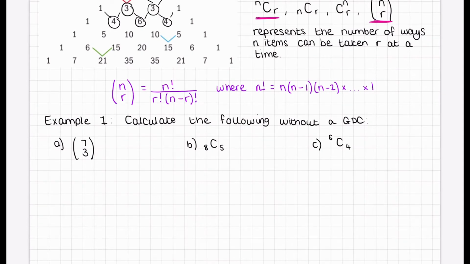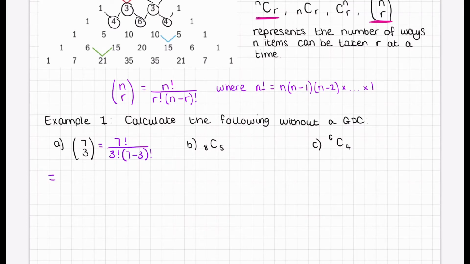Example 1, calculate the following without using your graphics calculator. So 7C3, which means this will equal 7 factorial divided by 3 factorial multiplied by 7 minus 3 factorial. And from here we can work it out. So I'm going to do a big expanded version.